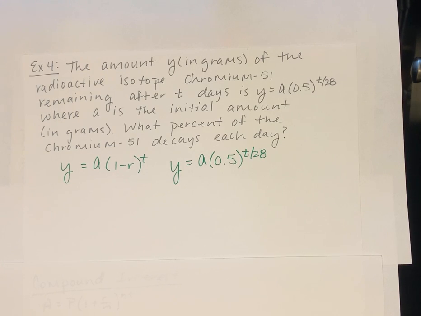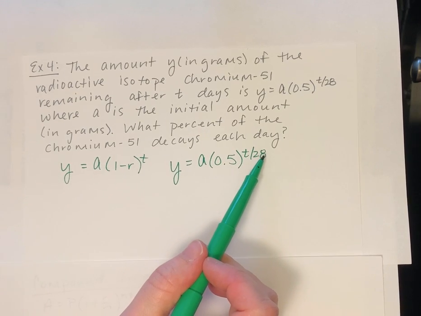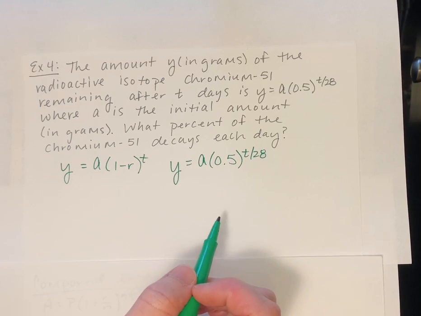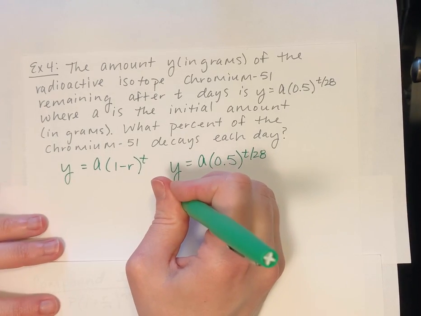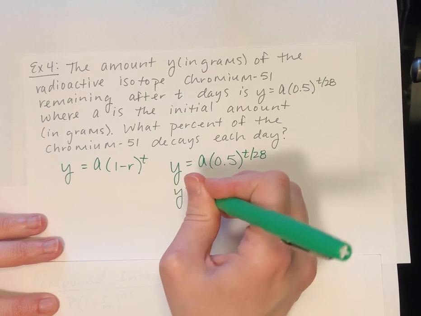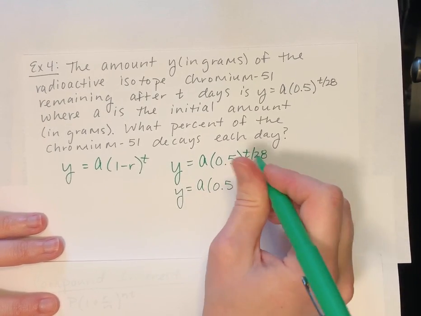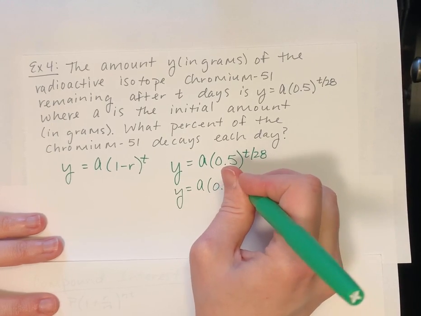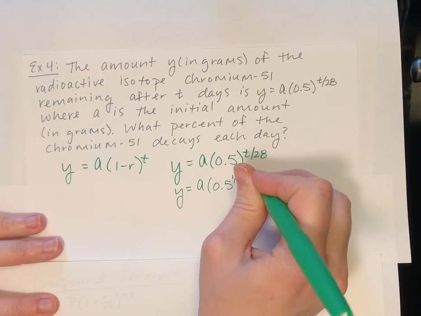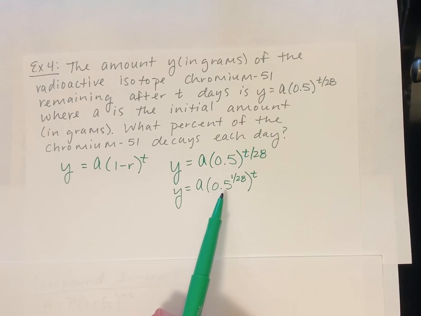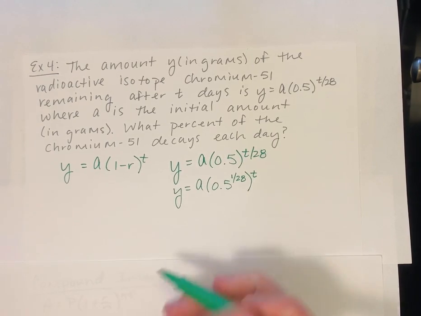So the first thing that we have to do is get rid of this denominator in our exponent. So we're going to use the power to power rule. So we're going to have that y equals a times 0.5 to the, we're going to break this up into 1 over 28 to the t power. I'm going to put in my calculator what 0.5 to the 1 over 28 is.